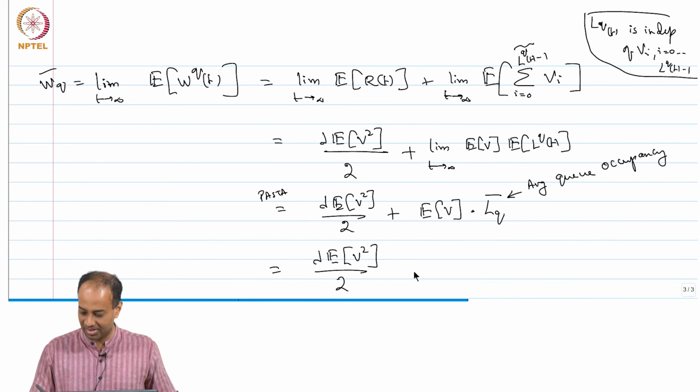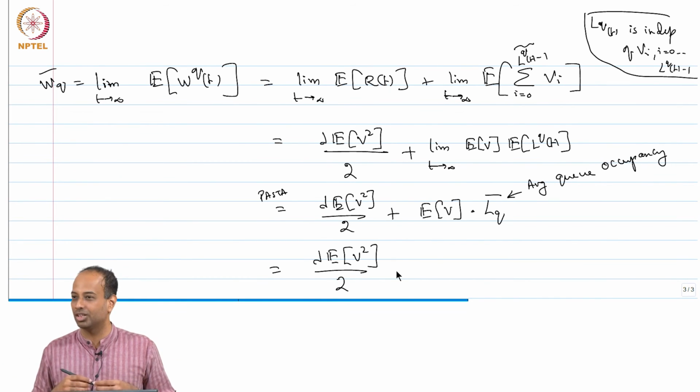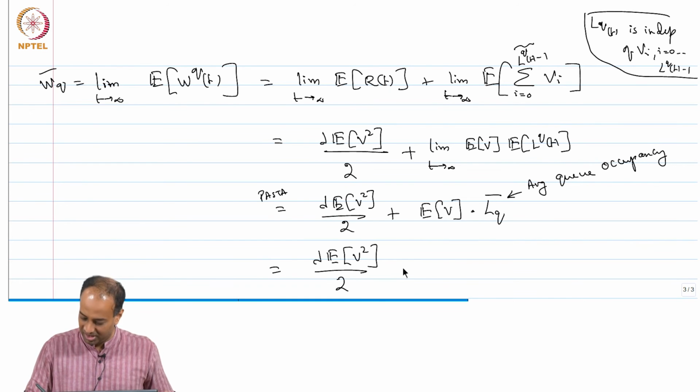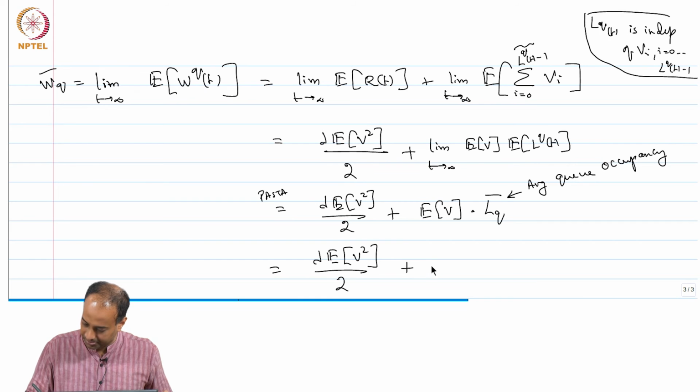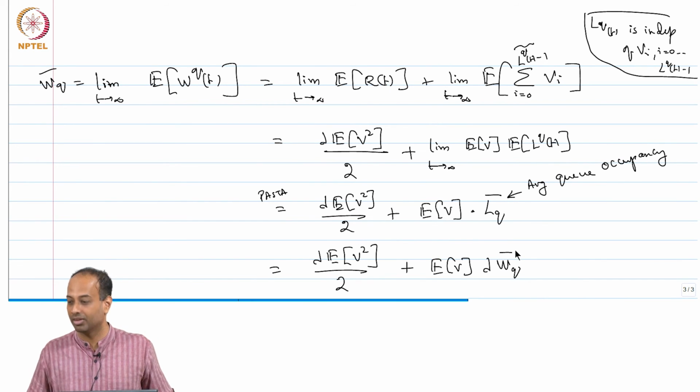It is the same as, if you believe that time averages and ensemble averages can be interchanged, this is just, sorry, this is plus expectation of V times lambda WQ bar. How is this?